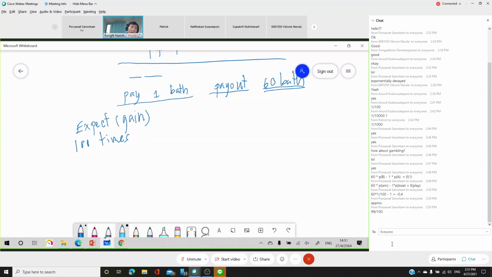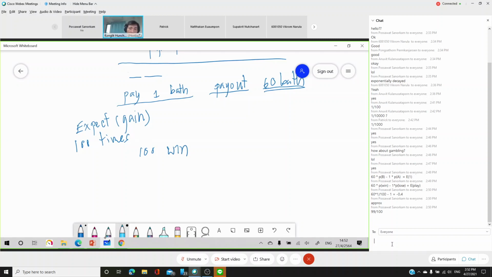If I play 100 times, I'm going to put down 100 baht, and we expect to win about 1 game.